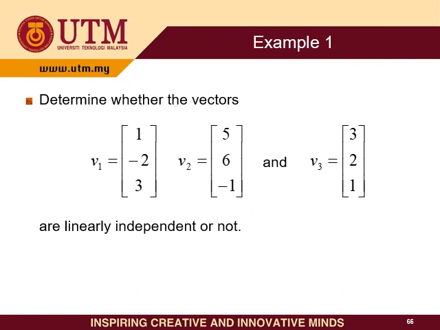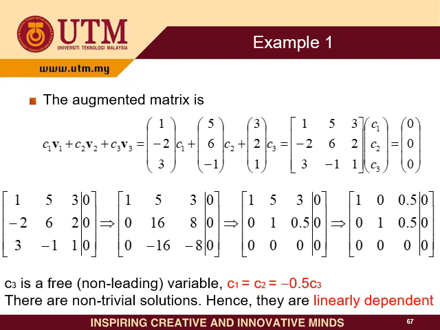Example 1. Determine whether the vectors v1, v2, v3 here are linearly independent or not. First, we make it into this form C1 v1 plus C2 v2 plus C3 v3, and after that we change into the augmented matrix form, and then we do the row operations until we get to the echelon form.